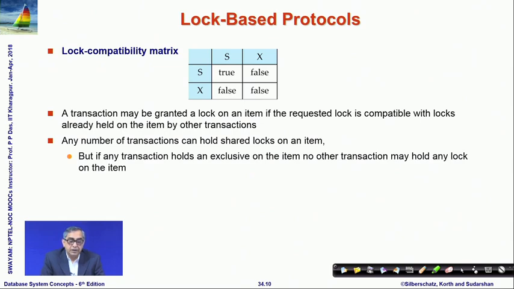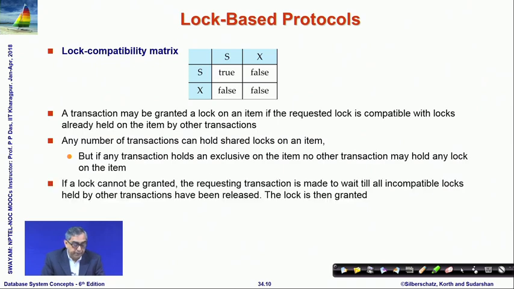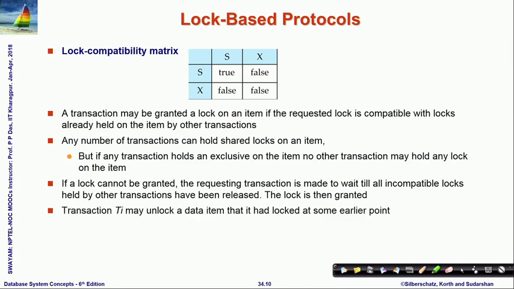I must be the only transaction trying to write, but when I want to read, many transactions can simultaneously read. So, if I want a lock, either a shared lock or an exclusive lock, and it cannot be granted, then the transaction has to wait till all incompatible locks have been released, and only then can the lock be granted.